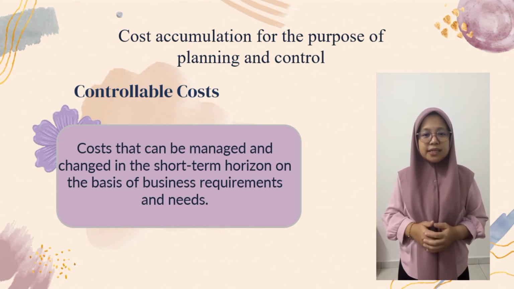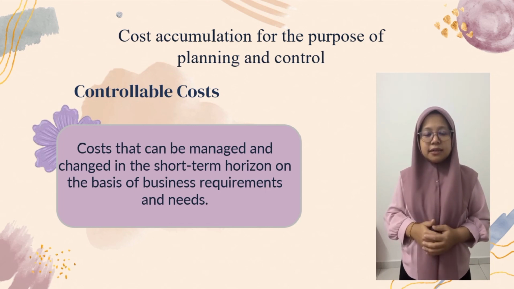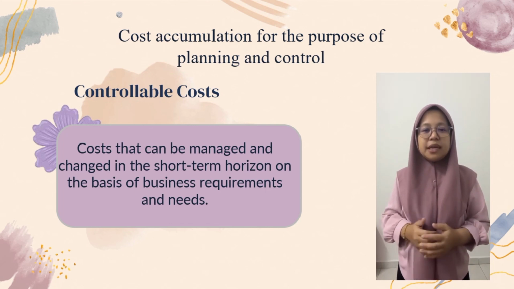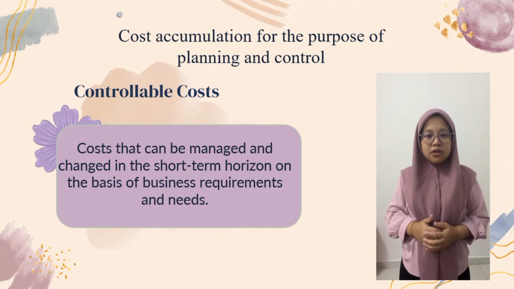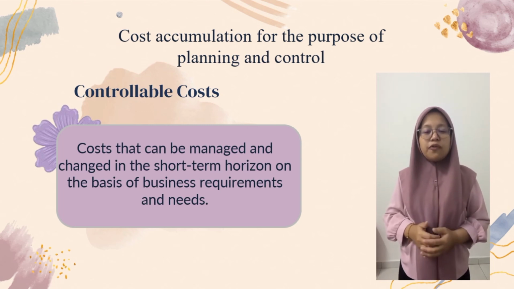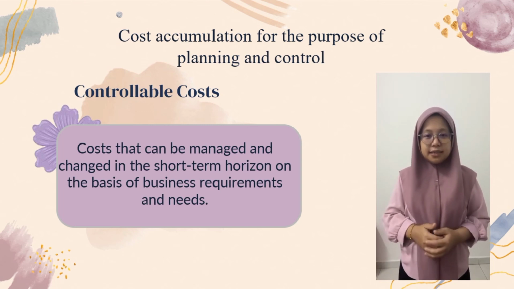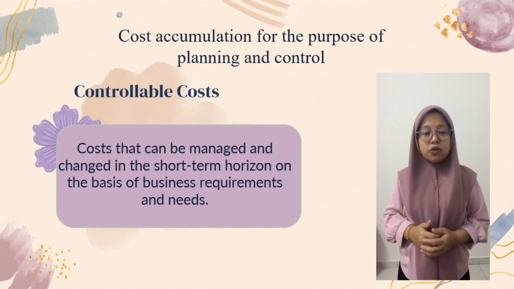In other words, a cost is regarded as controllable if a manager has the authority to decide on its incurrence or non-incurrence, or to decide on the amount of cost that must be incurred. The management can thus alter this cost on a need basis.